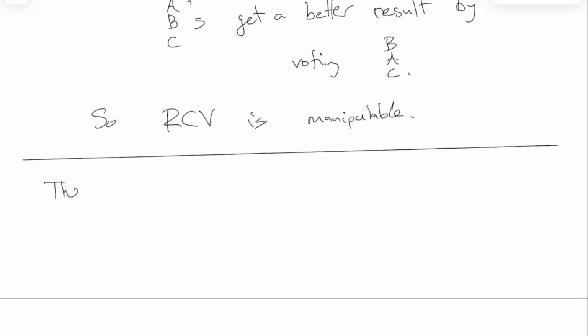This is, again, named after a person, but actually two people worked together on this. They both have great names, in my opinion. The first one is Gibbard, and the second one is Satterthwaite.